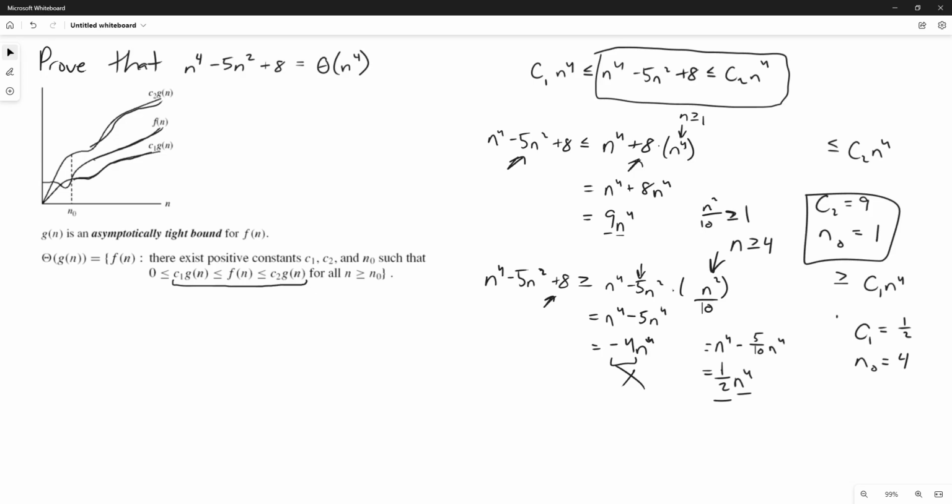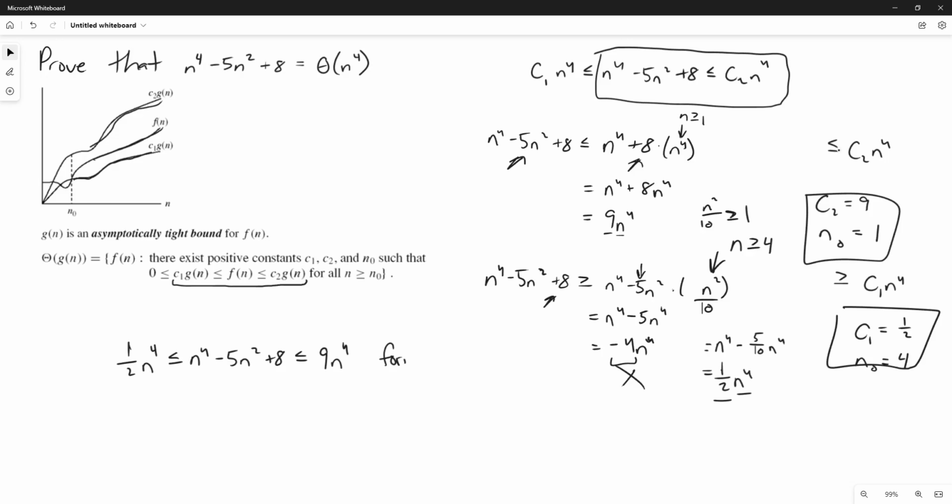So to write your answer, you take your C1, which is a half, and then your order, less than or equal to your original equation, less than or equal to C2, which was 9 times n to the 4.